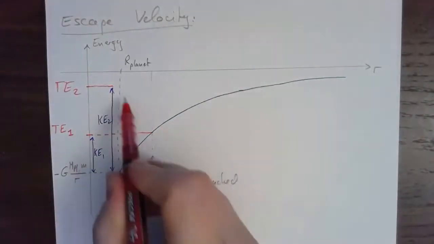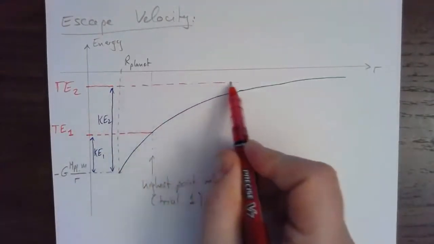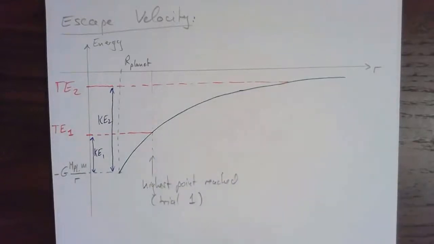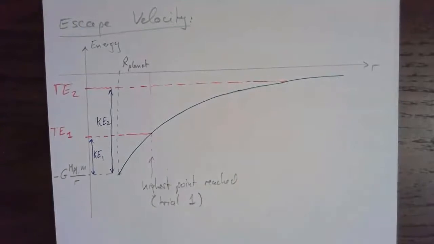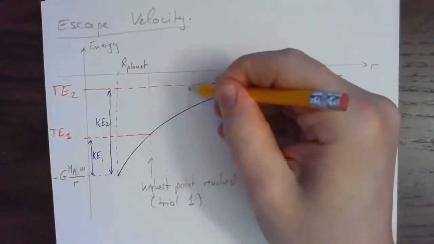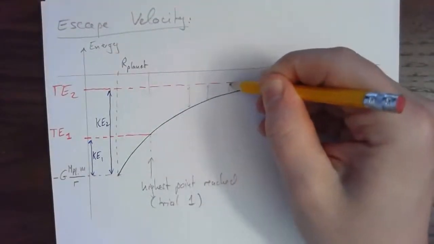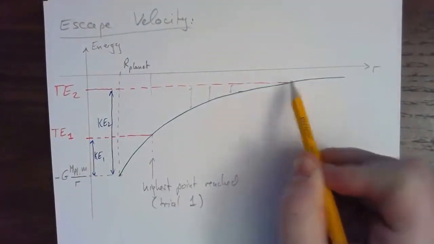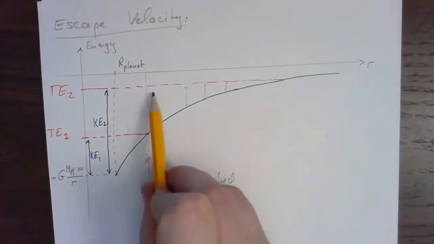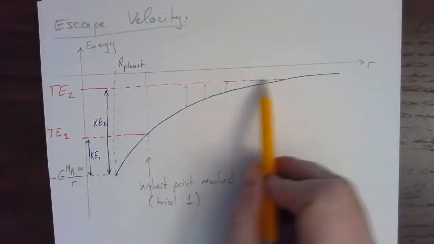Keep going. But oh no, we get pretty far out, but eventually the kinetic energy becomes smaller and smaller, nothing left. We're turning back around. If my graph is accurate, I've made it to something like 4 or 5 times the radius of the planet.